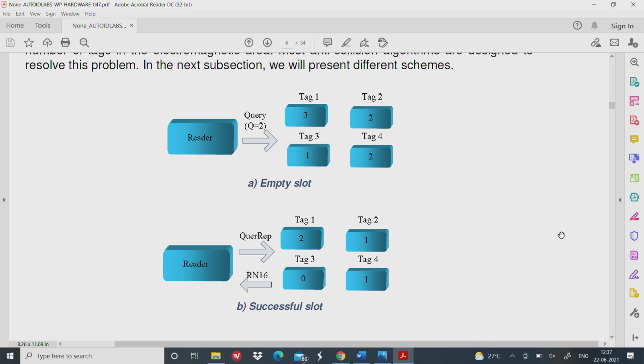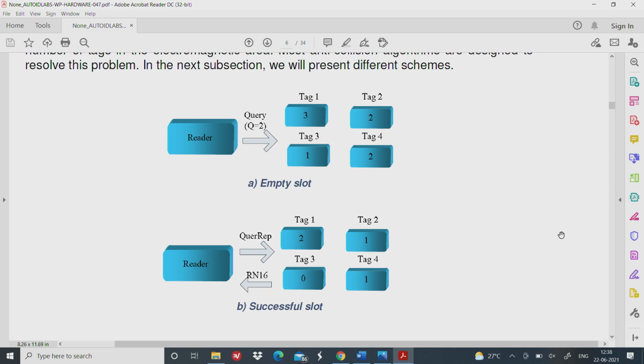Now the answer here is empty slot. The reason is that none of them, when they threw their two random numbers, one corresponding to RN16 and the other corresponding to the right to communicate, got it. The right to communicate comes when you have 0. That did not happen here. Therefore, what happened?